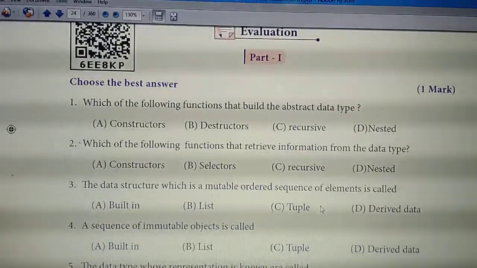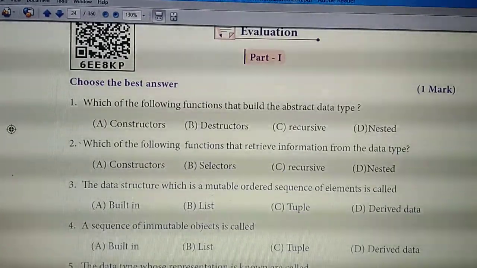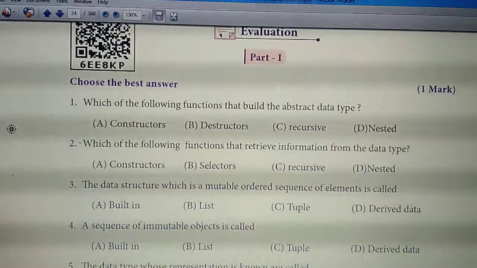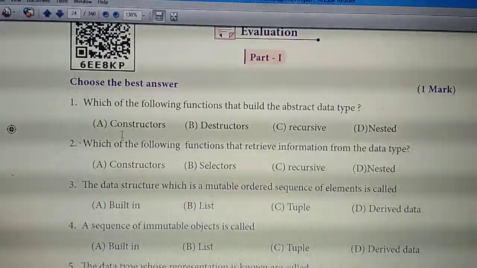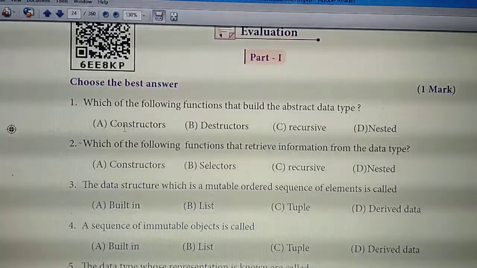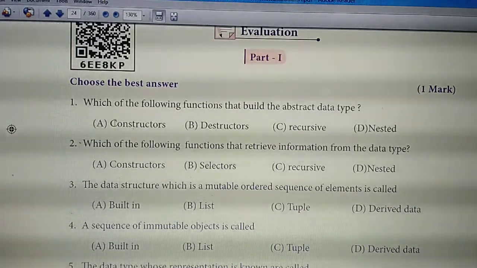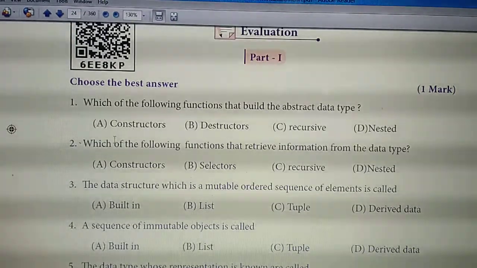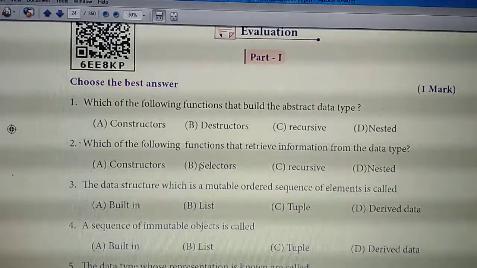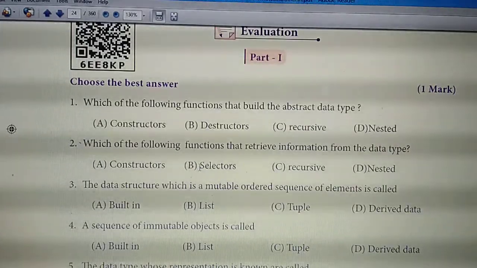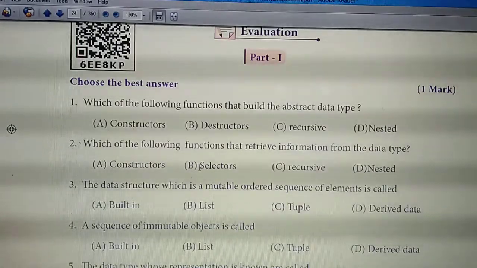Listen carefully. First one word question answer is option A, constructors. Second answer is option B, selectors.